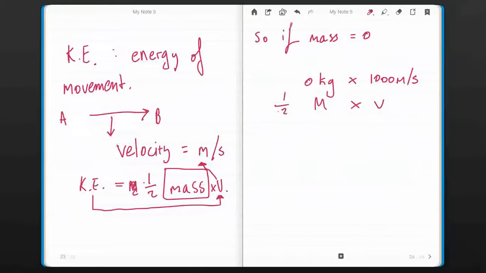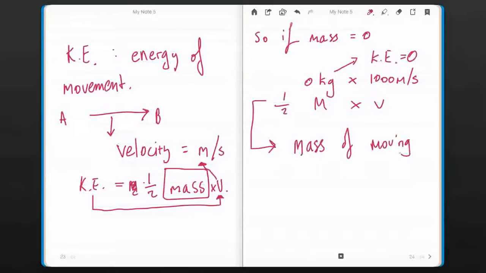If mass was 0 and that was 1,000, the answer would still be 0. So kinetic energy would still be 0. The two things that kinetic energy measures are the movement energy, which is made up of the mass of the moving object, and the velocity of the moving object, or speed.